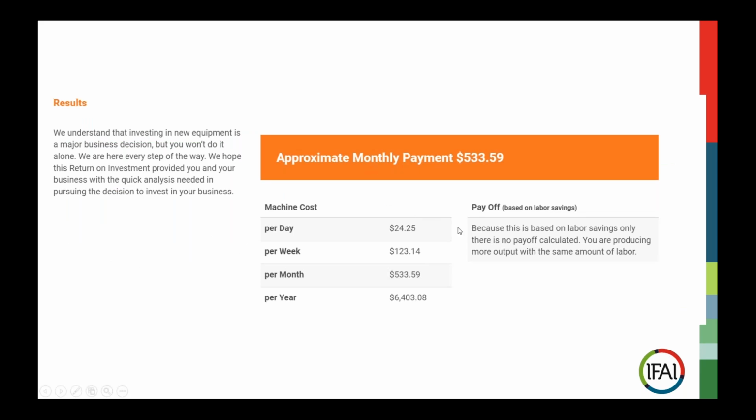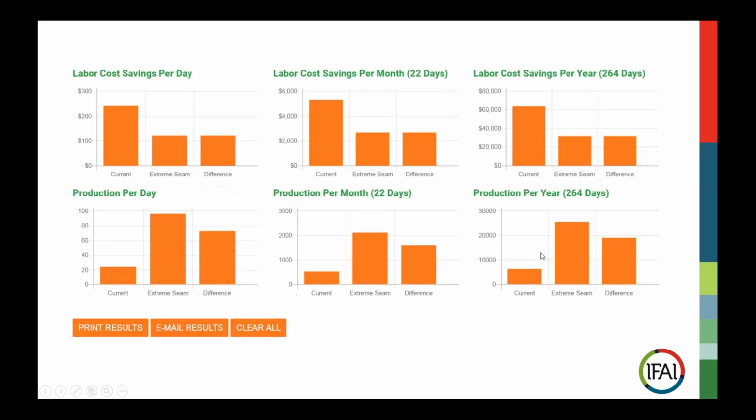So this is based on labor rate savings alone. So the next slide is going to show you graphs and kind of depict that a little bit better. So labor savings, you're saving the same amount of money on the labor, but your production is where the key is here.